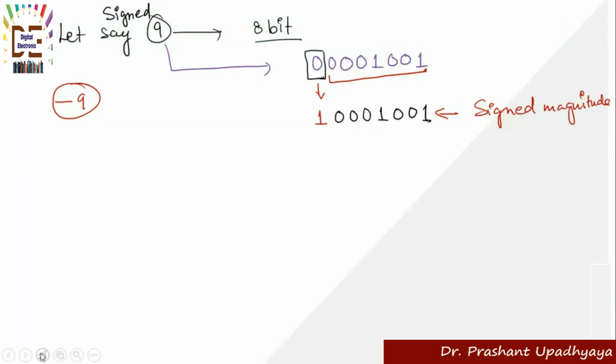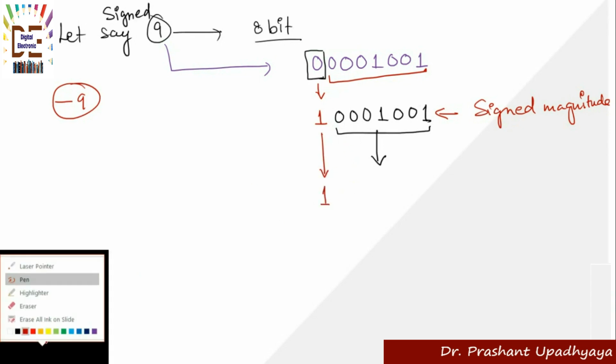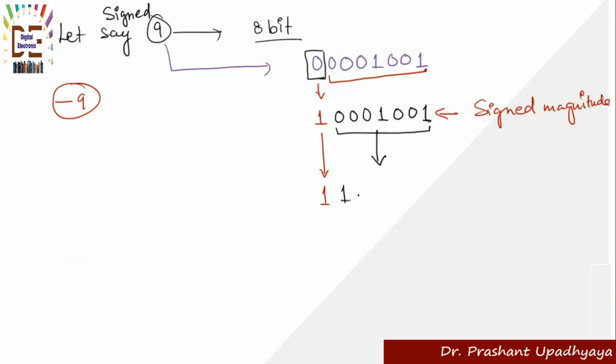Now if I ask you to take the ones complement of it, I want to represent the number in ones complement. So I copy this sign bit one here and take the complement of the rest of the number, which will be 1110110.